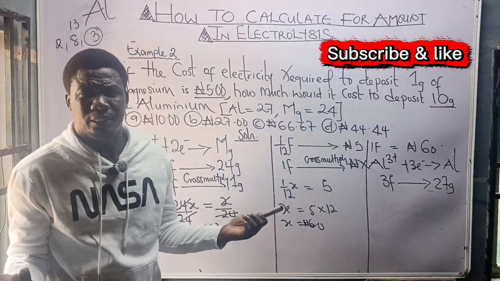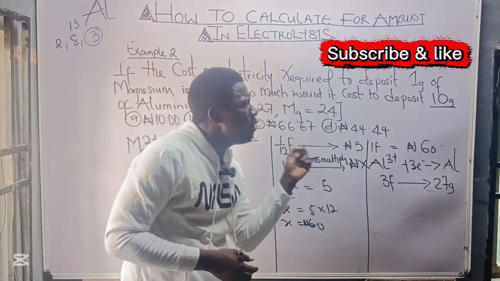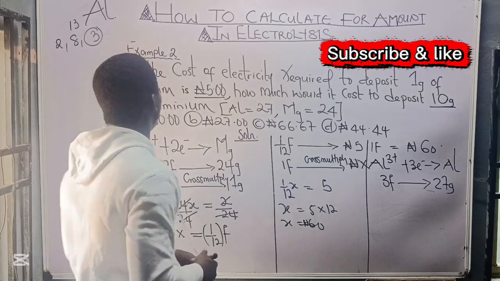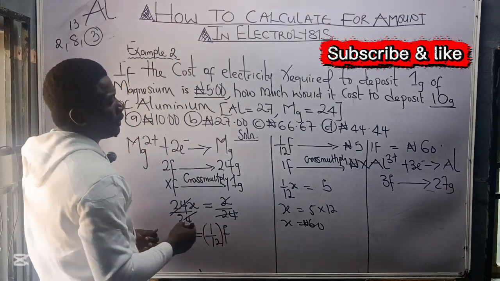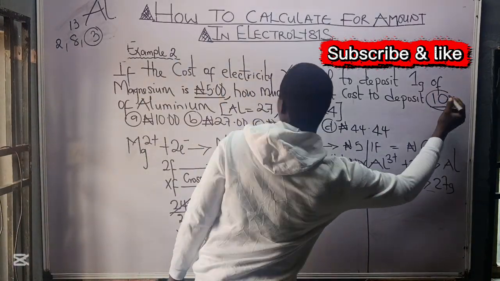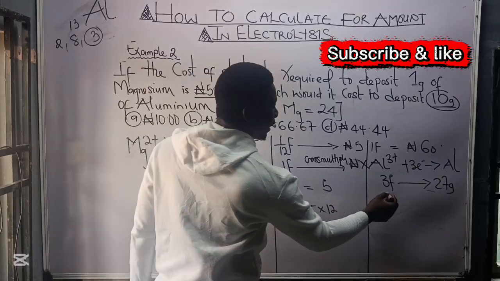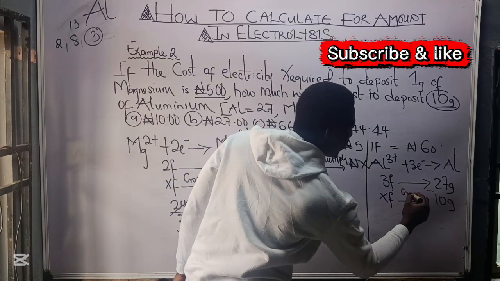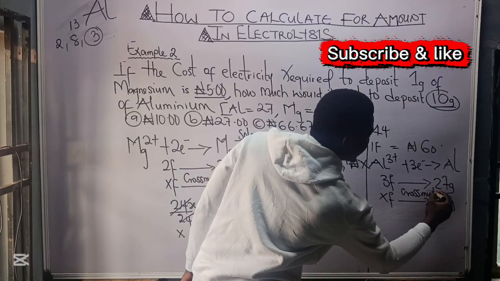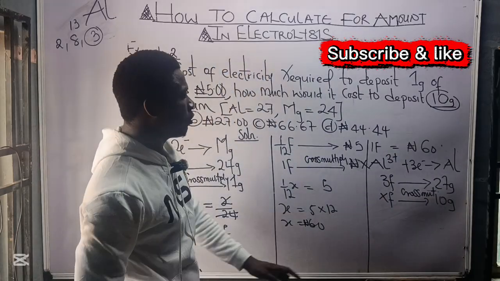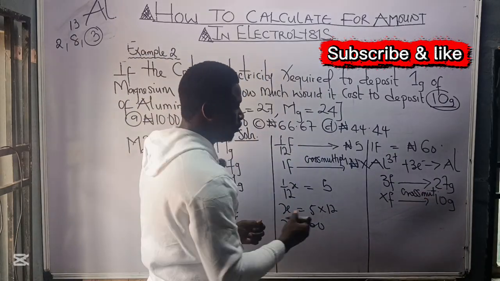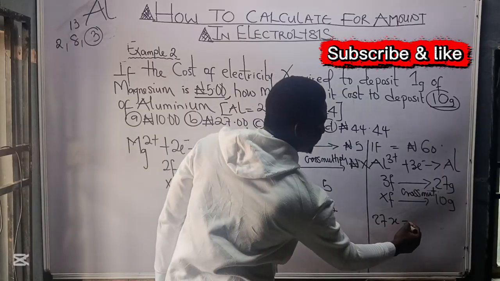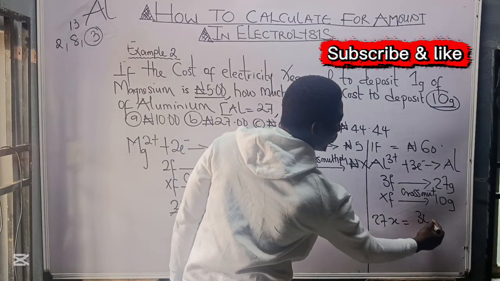So very easy. We will simply ask how many Faraday will give us 10 grams of aluminium. So we can say X Faraday will give us 10 grams, and we'll simply cross multiply. If I cross multiply X with 27, you have 27X equals 3 times 10, which gives us 30.